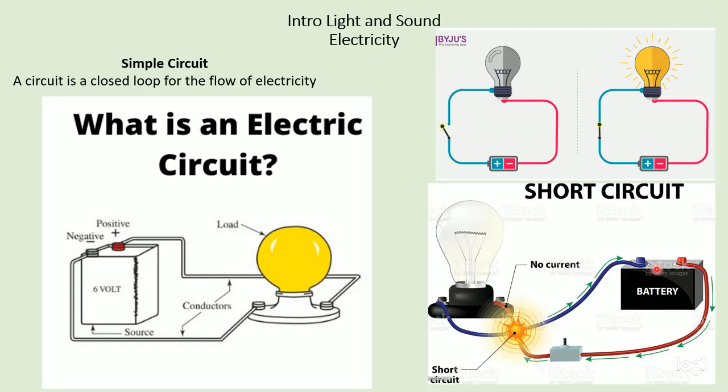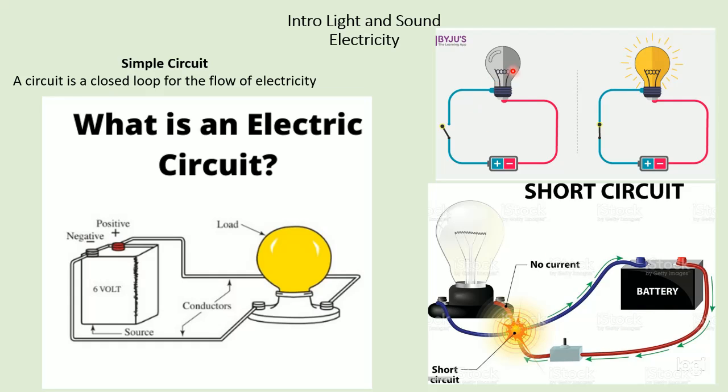What it does is it allows all of the potential power from a source, whether that's a generator or a battery, all of the potential power to flow all at once in an uncontrolled loop. And it makes all kinds of problems. It'll overheat, it can catch fire, batteries can explode. Short circuit is bad.